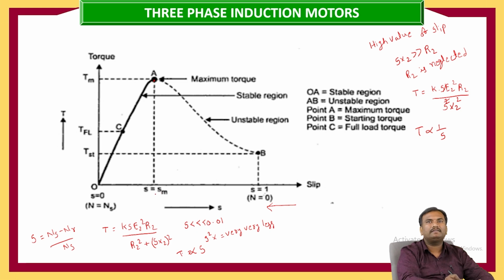Point A is maximum torque, and point B is the starting torque, that is, the speed is 0, slip is 1, which will have some torque that is taken as point B, the starting torque. And point C is the full load torque, T FL. This is the way we get the torque speed characteristics under the stable region and unstable region.